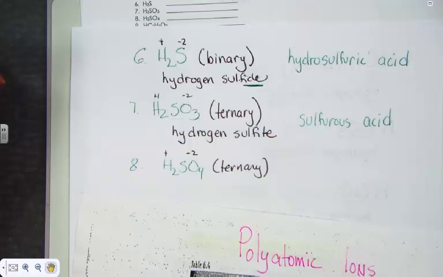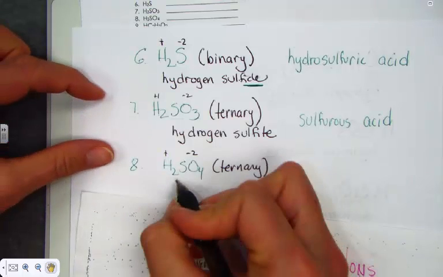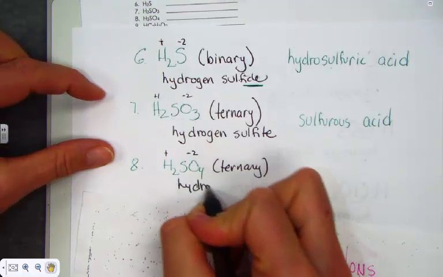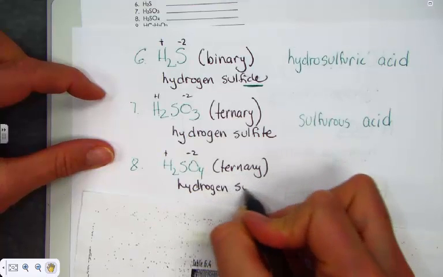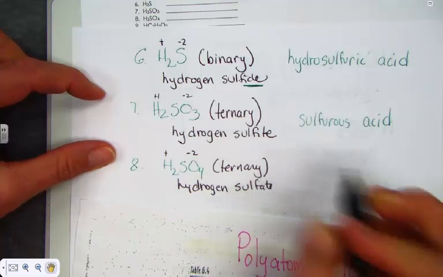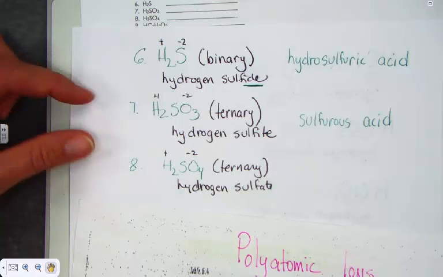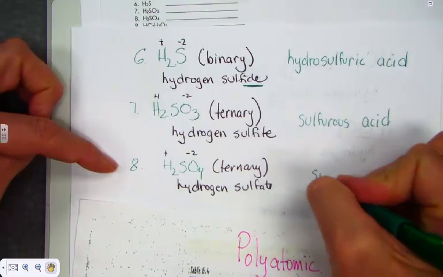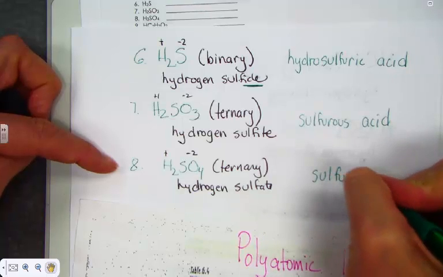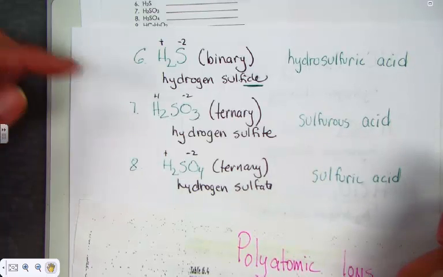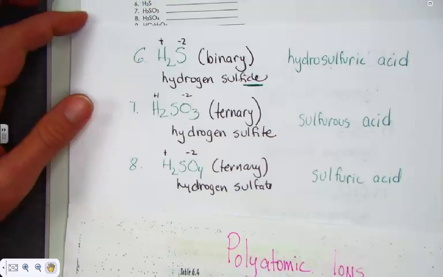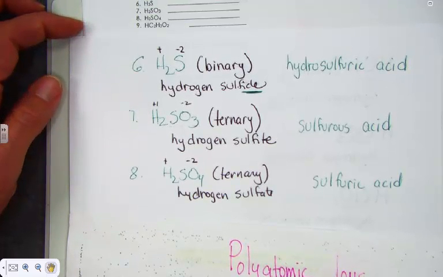It's just there to balance charges. H2SO4 would have been named hydrogen sulfate. Now let's name it as an acid. Hydrogen sulfate. Ate turns to ic, and we simply write sulfuric acid. That's called battery acid, sulfuric acid.